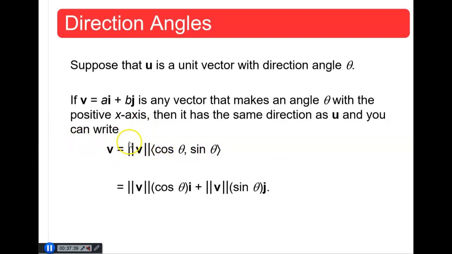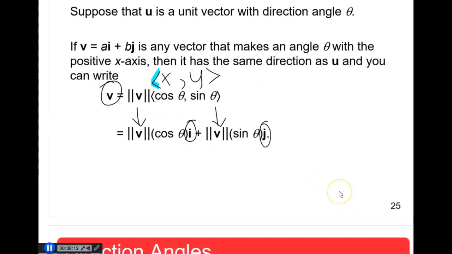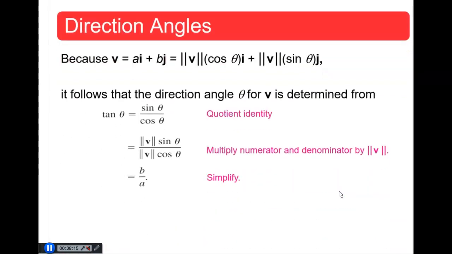So here we have the magnitude of v times cosine theta, sine theta, because recall we're replacing x with cosine theta, and we're replacing y with sine theta. So here we take the magnitude out, the magnitude of v, and that could also be distributed. And we could do that because we're using the unit vectors i and j. And so we're going to be doing that in a minute.